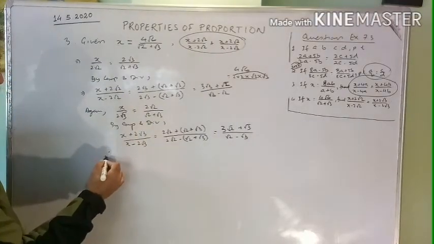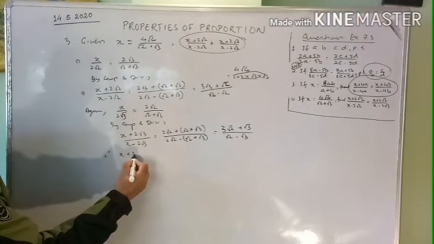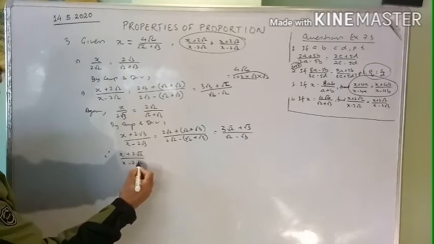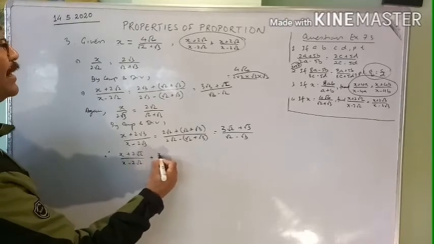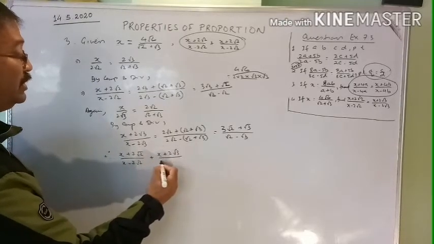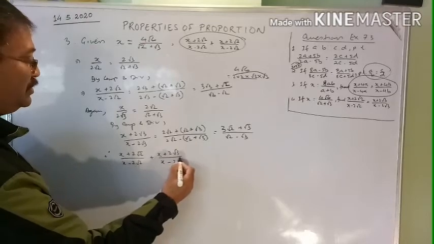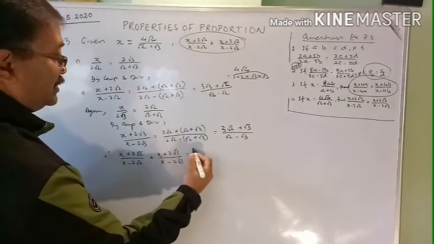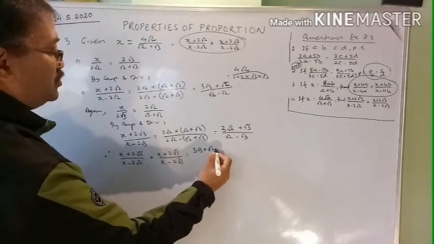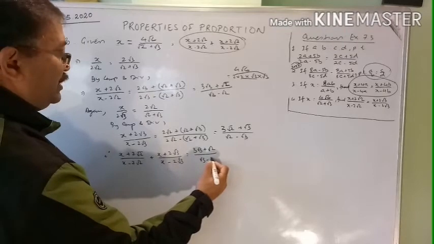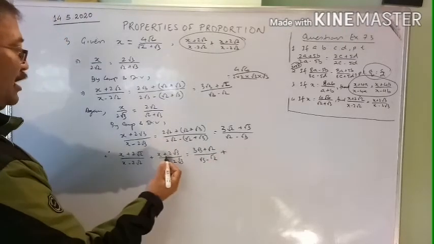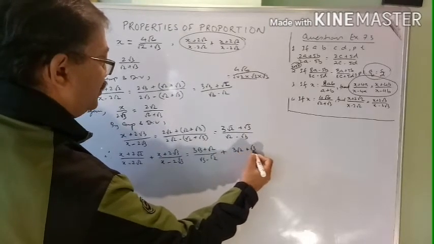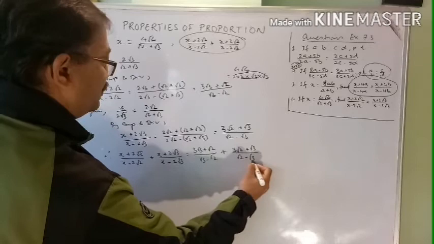So therefore, x plus 2 root 2 by x minus 2 root 2 plus x plus 2 root 3 upon x minus 2 root 3 is equal to. Now the value of this we found here is 3 root 3 plus root 2 divided by root 3 minus root 2, plus the value of this one we found here is 3 root 2 plus root 3 upon root 2 minus root 3.